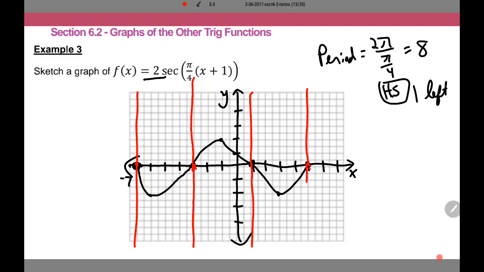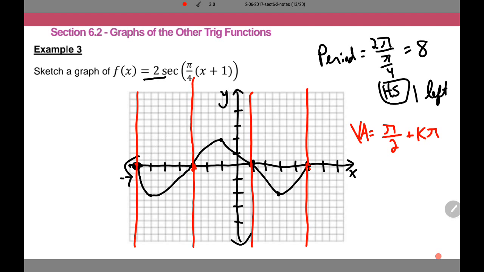Now, how can we figure those asymptotes out from the original function? We had that pi over 2 plus k pi for our asymptotes. Alright, so those are our vertical asymptotes. And what I want you to notice, these are 4 apart.